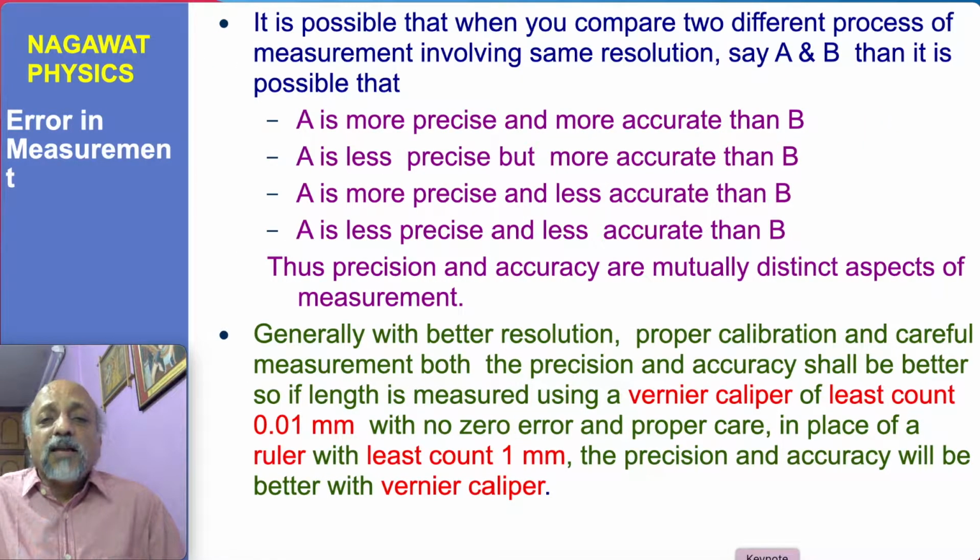It is possible that you measure the same quantity by two different processes, maybe involving instruments of the same resolution, say A and B. So A and B have the same resolution and are measuring the same quantity but are employing two different processes, and different processes may also mean different persons performing the measurement, or different instruments.